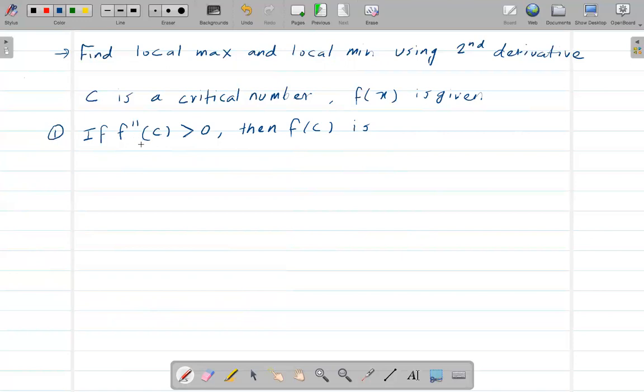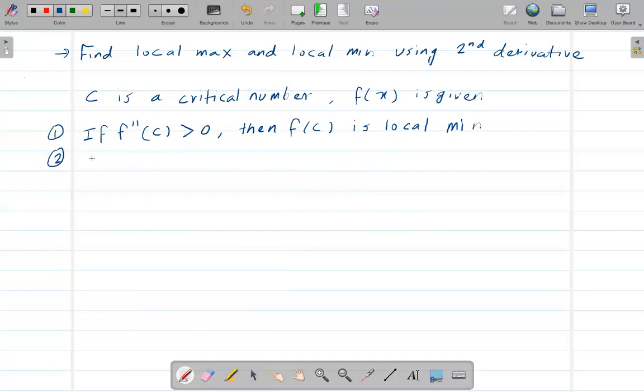If the second derivative is positive at the critical number, then we say that f of c is a local minimum.